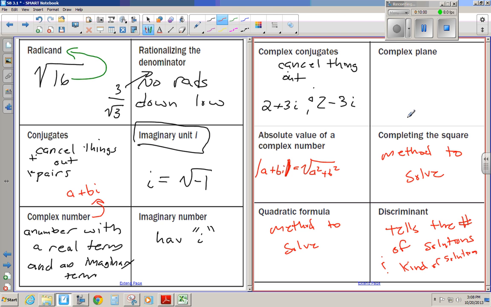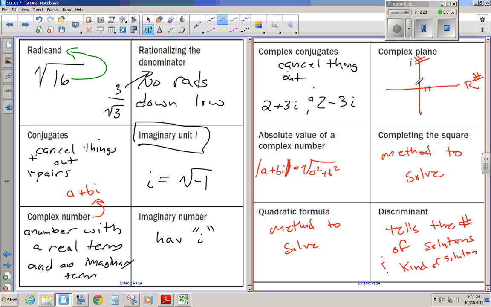A complex plane. The complex plane is basically your normal ordered pair or coordinate plane, except now instead of x, we have real numbers here and imaginary numbers in the vertical plane.